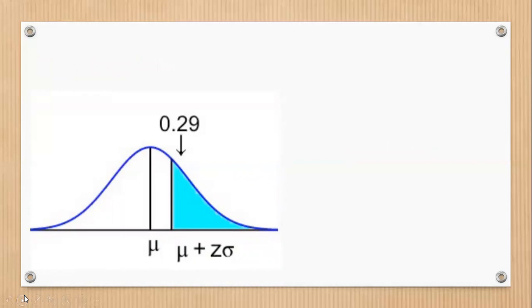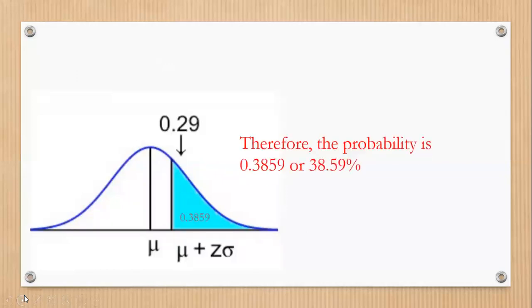Next, in this example, how do we convert that into symbols? The statement here is find the area to the right of z equals 0.29. So in symbols, we have find the probability of z greater than 0.29. So by looking at the table, we have here 0.3859. Okay, sorry, so it's greater than, right? Okay. So no need to subtract. Why?